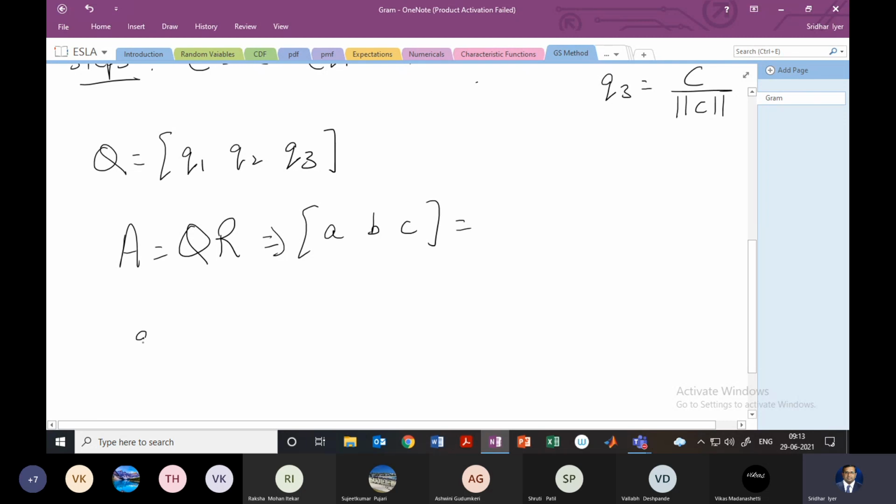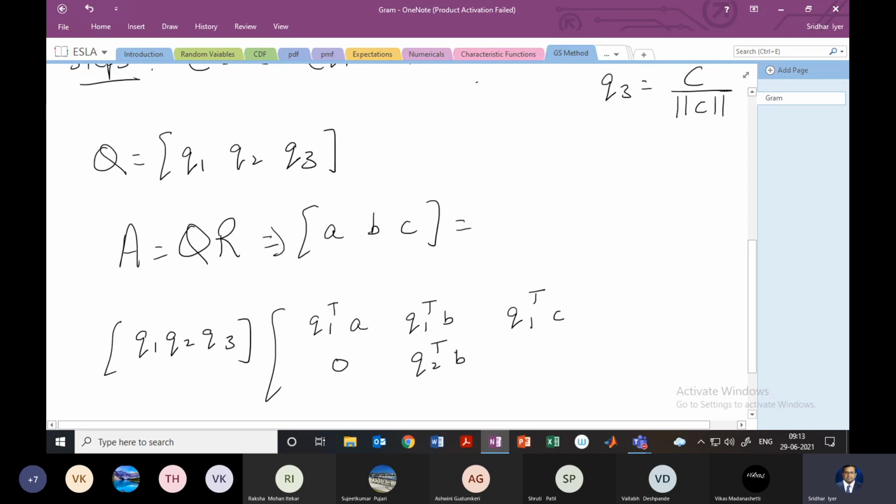So equal to Q1, Q2, Q3, multiplied with Q1 transpose A, Q1 transpose B, Q1 transpose C, 0, Q2 transpose B, Q2 transpose C, then 0, 0, Q3 transpose C. So this big matrix on the right hand side is basically a row reduced echelon form.